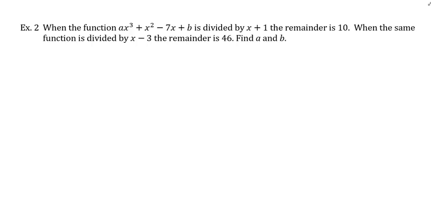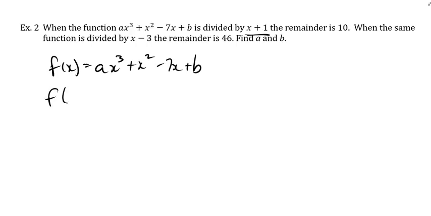So what is it telling us? Let's think about what it's telling us. So if f at x is this guy, f at x equals ax cubed plus x squared minus 7x plus b, and the remainder is 10 when it's divided by x plus 1, what does that tell us?